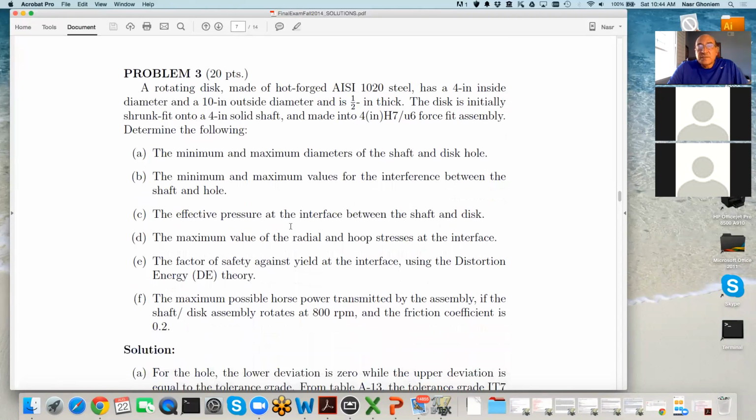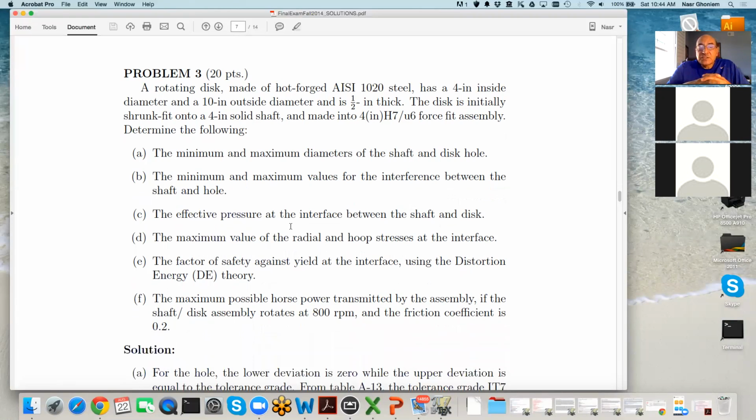Once this is determined, we determine the equivalent pressure at the interface, and the equivalent pressure then determines the forces and stresses. The pressure will be contracting the inner shaft, so it's under compressive pressure. But on the flywheel or the disc, it will be trying to expand it, so it's like a circular cylinder under internal pressure.